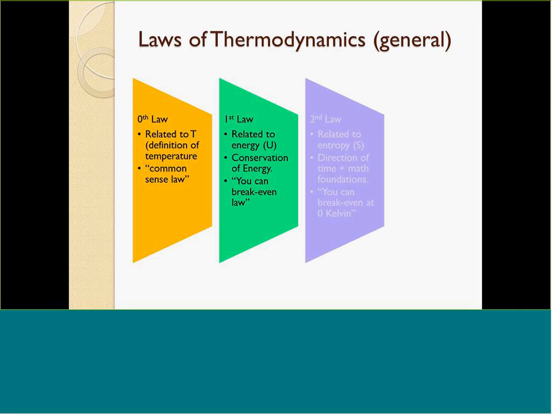Next is the second law, which is related to entropy. You might ask, what is all this about entropy? It's actually a thermodynamic quantity representing the disorder of a dynamic system, because it depends on what kind of substance you use for that system.